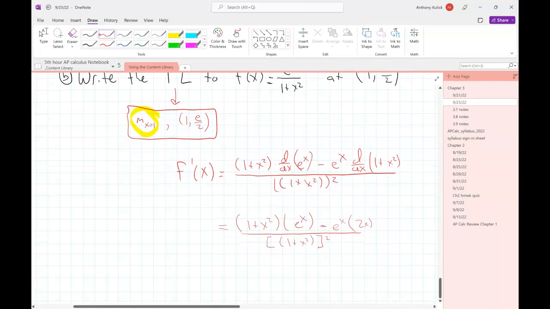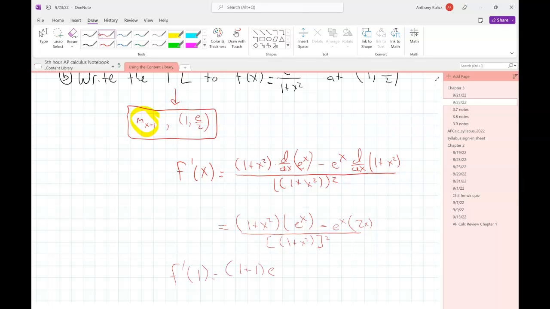And now, could I clean this up? Sure, but what do I really want here? I want the numeric value of the derivative at 1. So why would I bother cleaning all that stuff up if all I'm going to do is plug 1 into it anyways and get a number out of it, right? Save yourself the hassle.